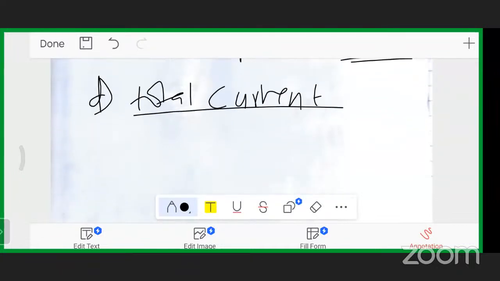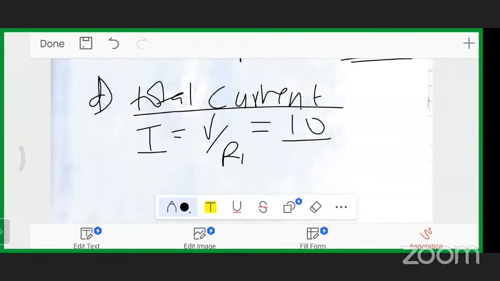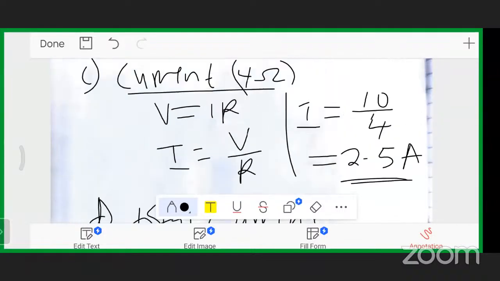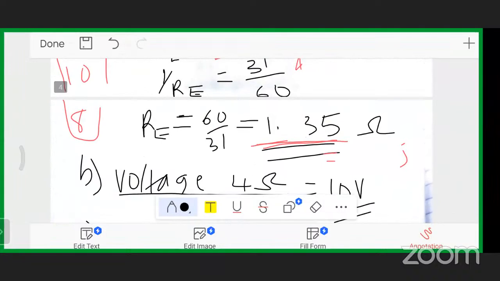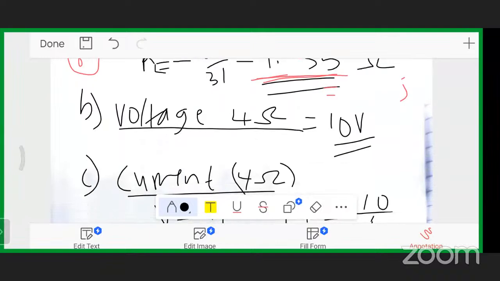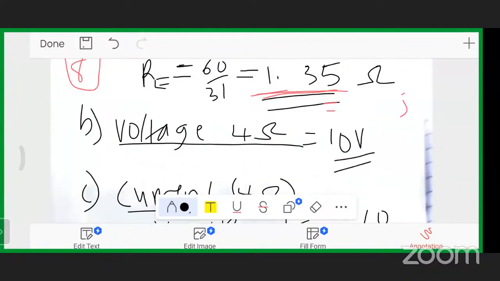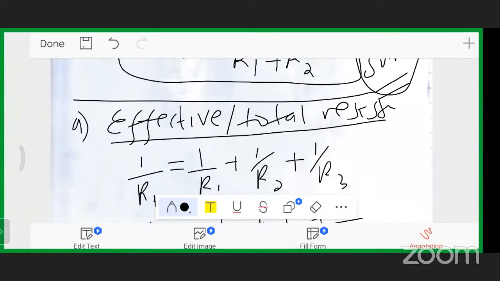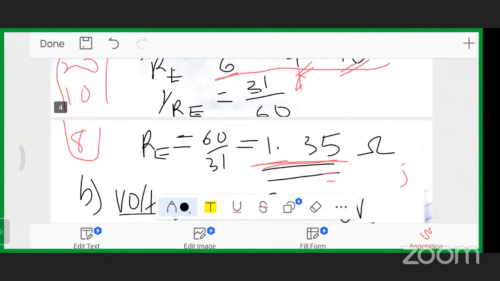Total current will be given as I is equal to V over R. V is the total voltage, and then you divide by the effective resistance, which we found to be 1.935. Where did we calculate it? There? This one? No. Is it this one?